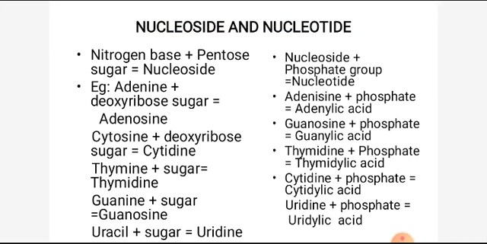When a nucleoside is attached to a phosphate group, a nucleotide is formed. The main components in a nucleotide are nitrogen base, pentose sugar and phosphate group. Example, adenosine plus phosphate group, adenylic acid; guanosine plus phosphate, guanylic acid; thymidine plus phosphate, thymidylic acid; cytidine plus phosphate, cytidylic acid; uridine plus phosphate, uridylic acid.